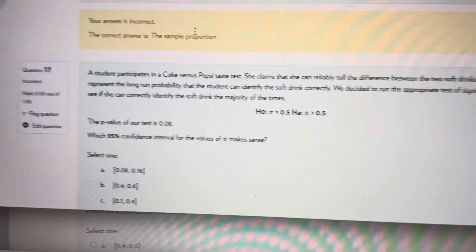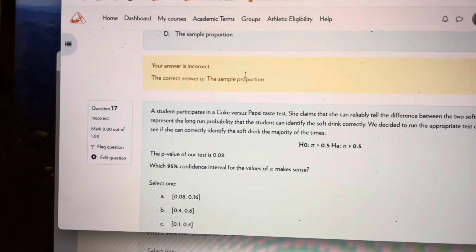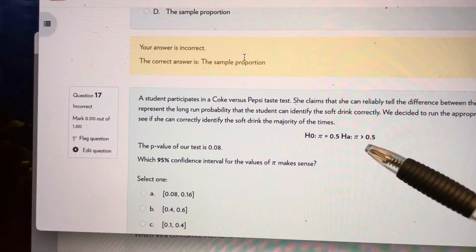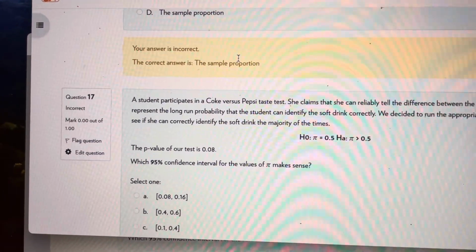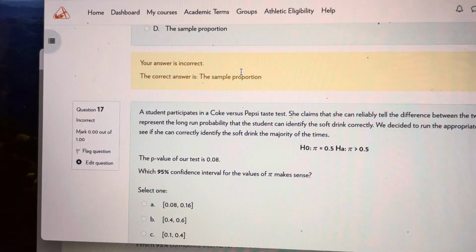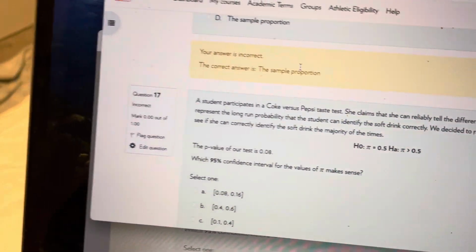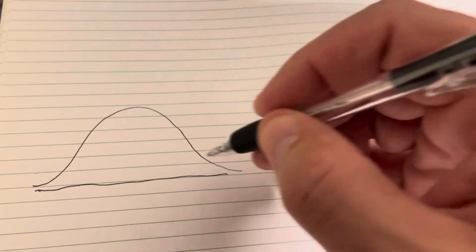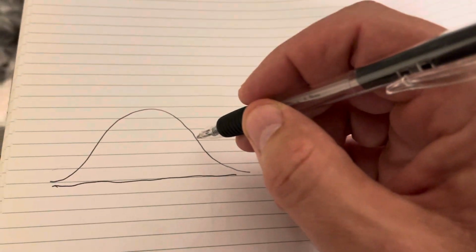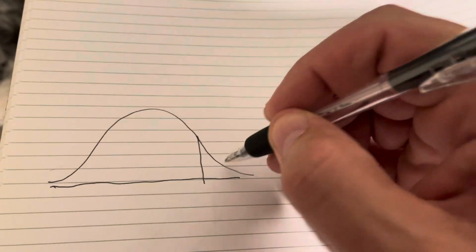This is number 17. And on number 17, we have a one-tailed test, and our p-value is 0.08. So I don't split the p-value. I'm going to travel back over here, and I'm going to draw that normal curve again. And that's greater than, so it's a right-tailed test.